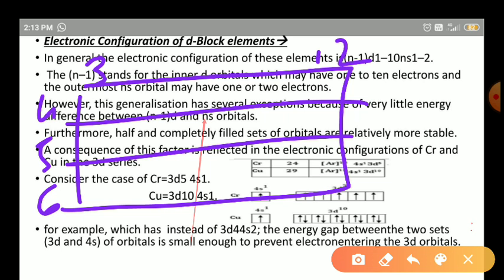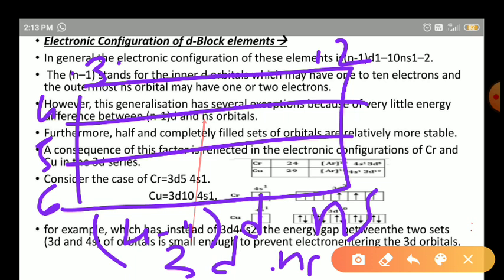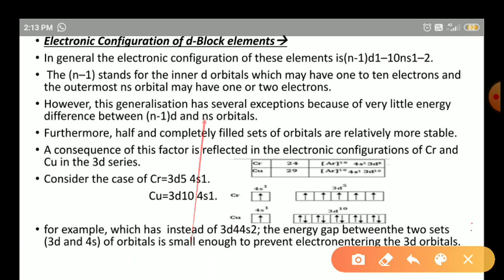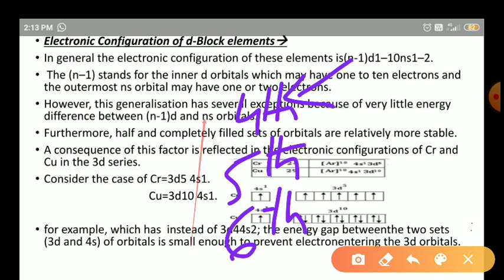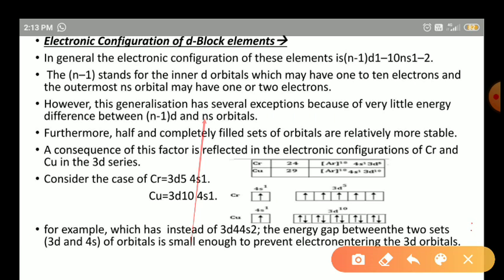For the third group, it is 4-1, that is 3d, ns2. This n stands for whether it is the fourth, fifth or sixth period. So this is the general electronic configuration of the d block element.